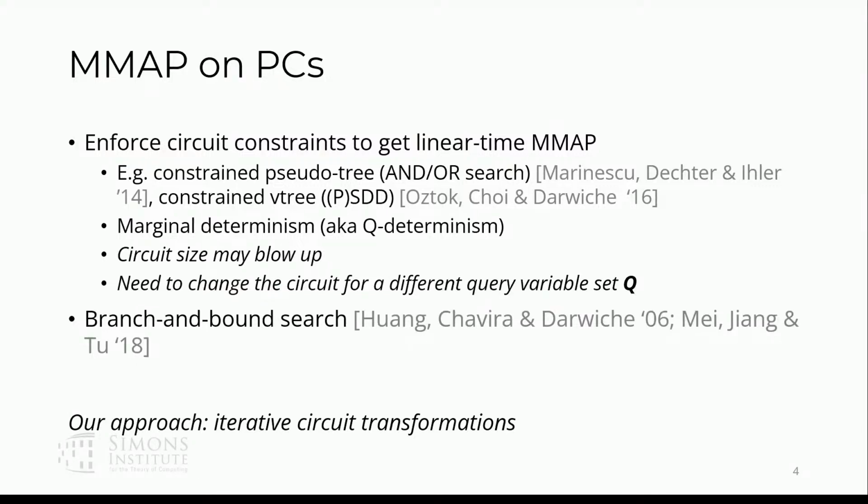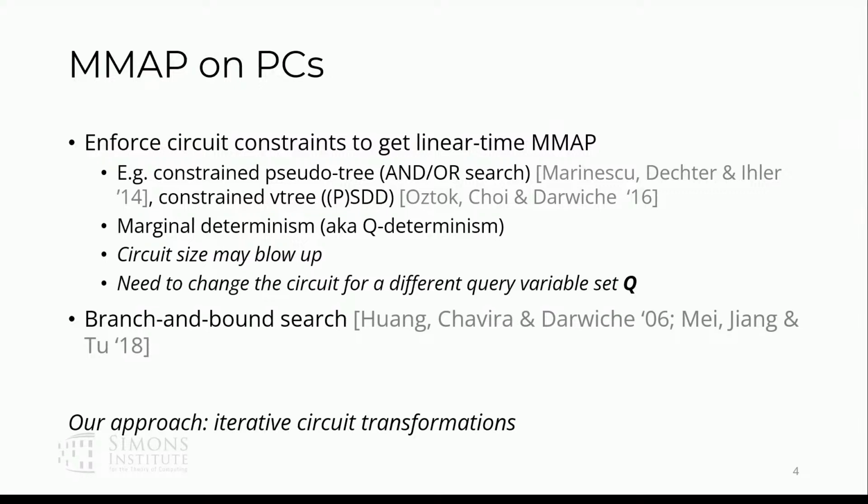There's a slightly more general definition that says that after you marginalize out some variables, the resulting circuit is deterministic. You can call that marginal determinism or Q determinism. This is still very hard to enforce. I think Benji might be telling you more about this on Friday.